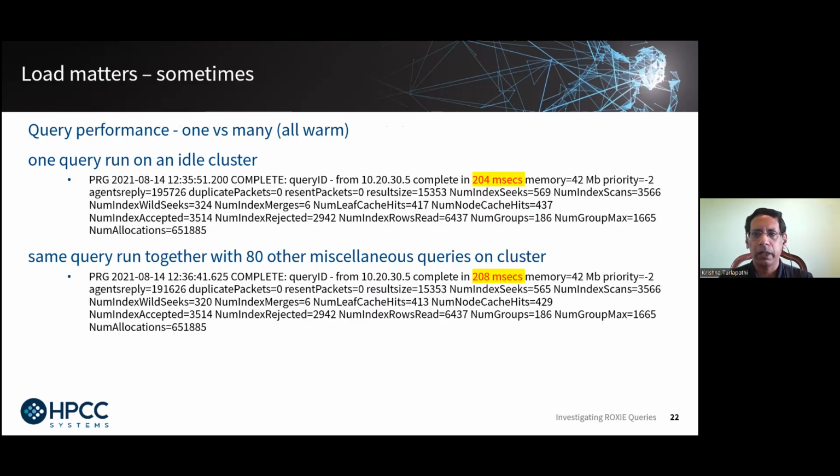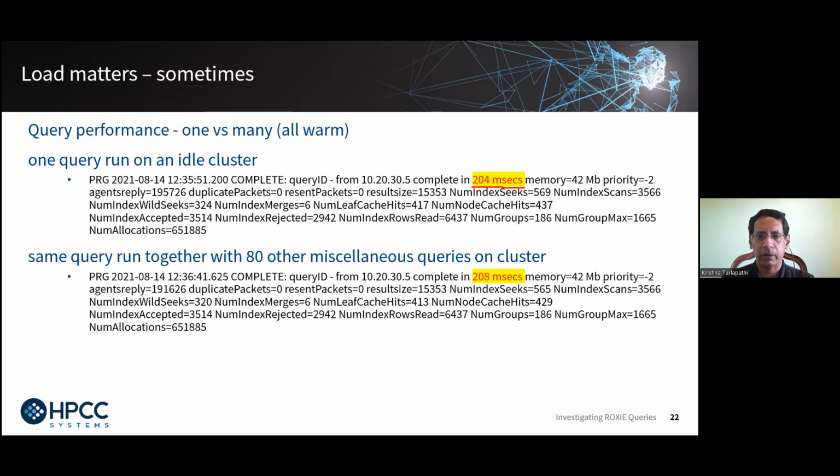Now, how does load impact the query performance? For simple or low resource intensive queries, let's assume you warmed up the cluster and you're running a simple query on an idle cluster. From the logs, you can see the performance is pretty good, which is 204 milliseconds.